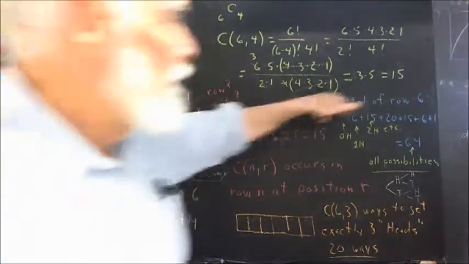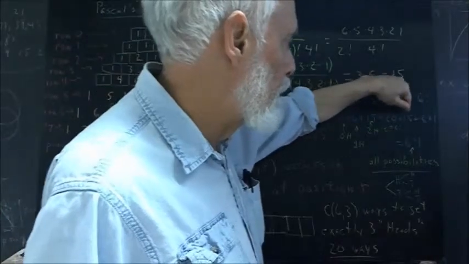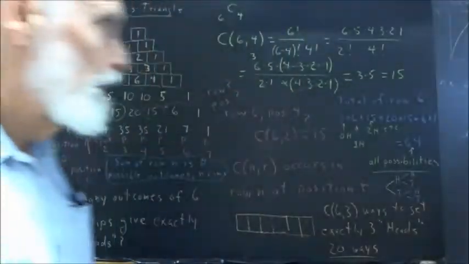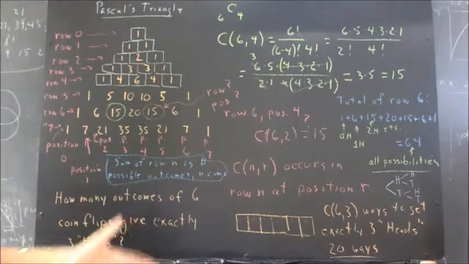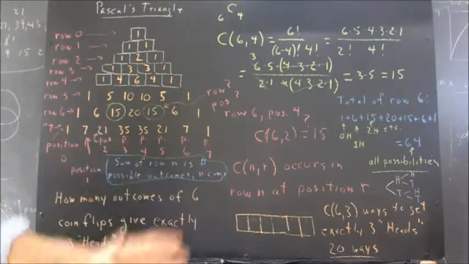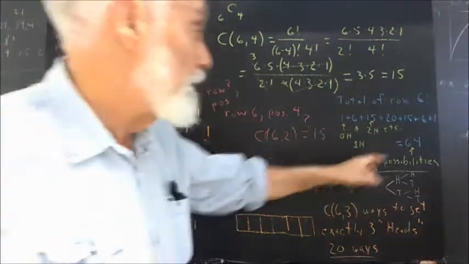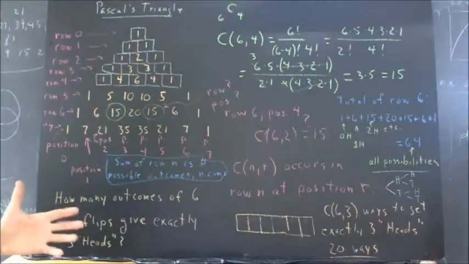So when we add these numbers, we're adding the number of ways we get 0 or 1 or 2 or 3 or 4 or 5 or 6 heads. Well, when we flip 6 coins, we're going to get one of those. So if we add the number of ways each of those things can happen, we get all possibilities, the number of possible outcomes of flipping 6 coins.